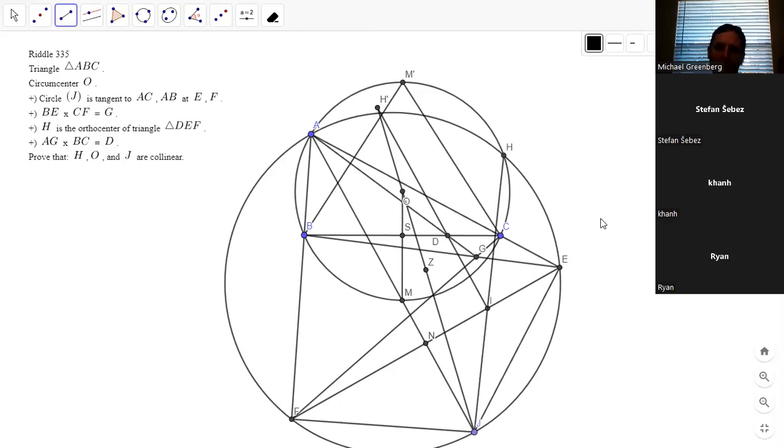Does it take point I to point D? I think, yeah, we said it did. So does it take H prime to some point?